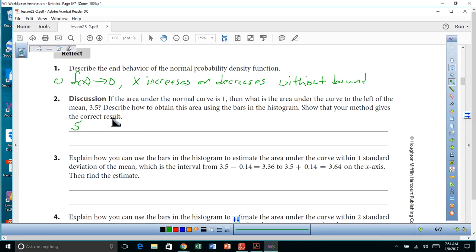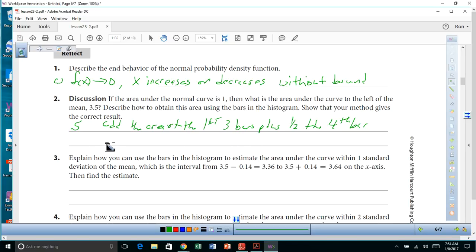Let's see. Add the area of the first 3 bars plus half the 4th bar.